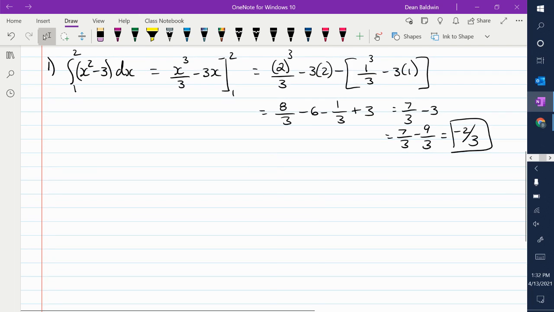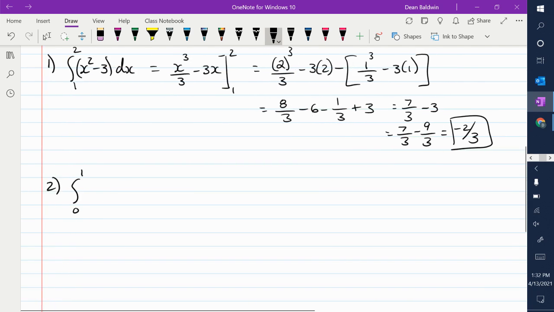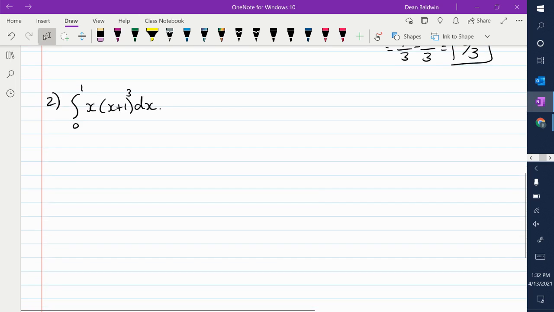Okay. Numero dos. So the integral between 0 and 1 of x times (x plus 1) all cubed.